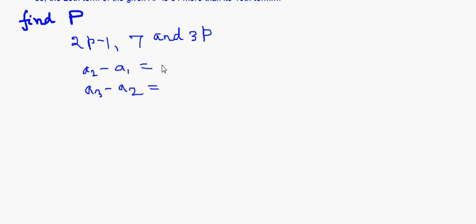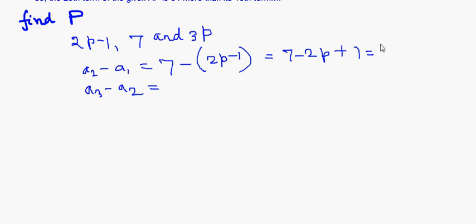A2 minus A1 is 7 minus 2P minus 1, that is 7 minus 2P plus 1, that's given by 8 plus 2P. For A3 minus A2, it is 3P minus 7. These are the common difference of the AP given, so they should be equal.